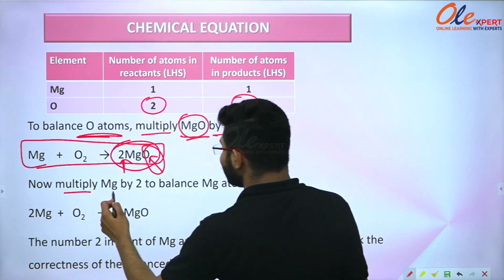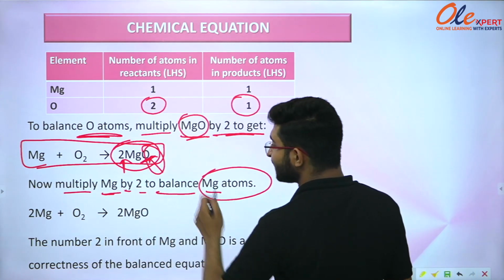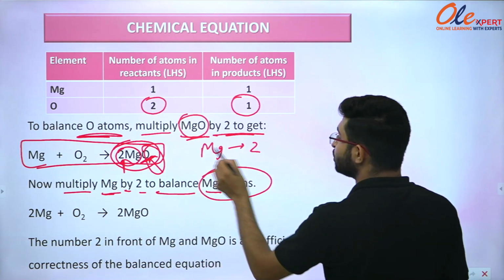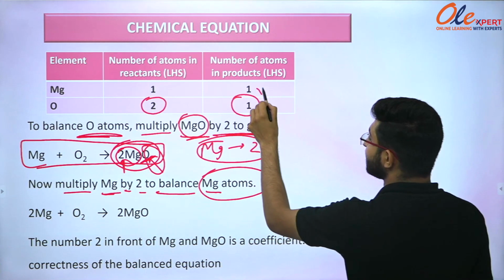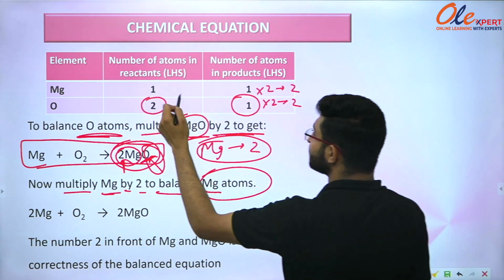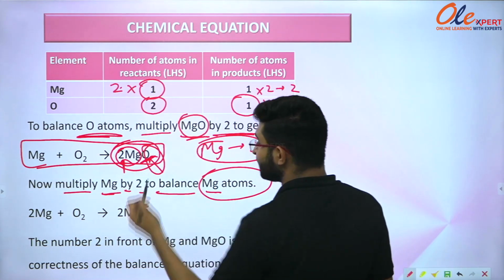Now multiply Mg by 2 to balance Mg atoms. When oxygen atoms are balanced, Mg also becomes 2 on the right hand side, but on the left hand side it is only 1. Then you have to multiply by 2 over here also.